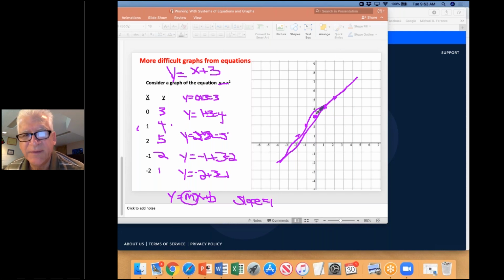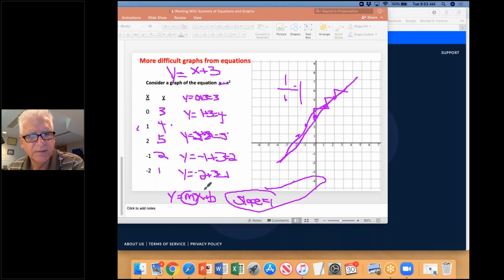And I can verify that because the rise over run is up 1 over 1, up 1 over 1, up 1 over 1. It's 1 over 1, which equals 1. So my slope equals 1. And my y-intercept, it crosses the y-axis at 3, so my b equals 3. The y-intercept is 3. The x-intercept is negative 2. Okay?